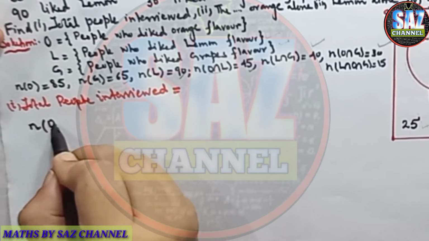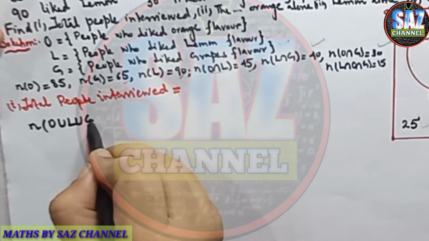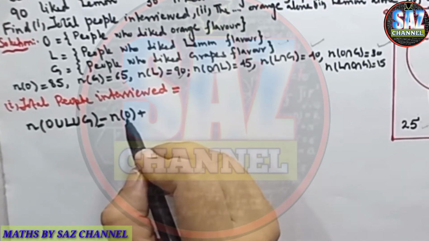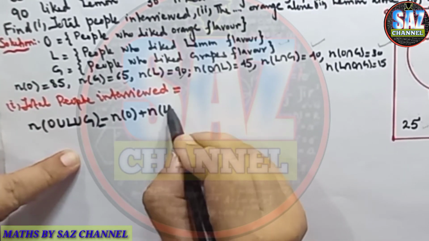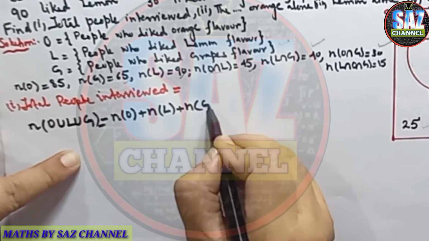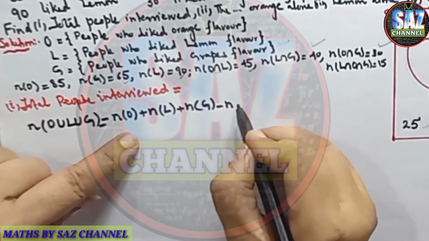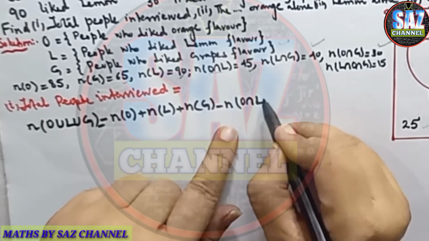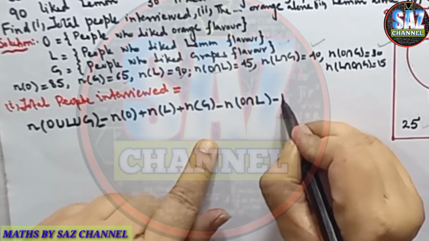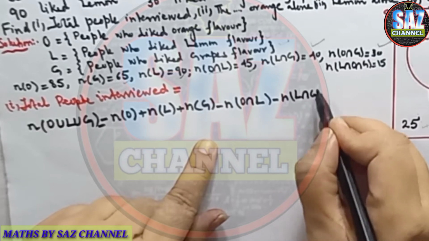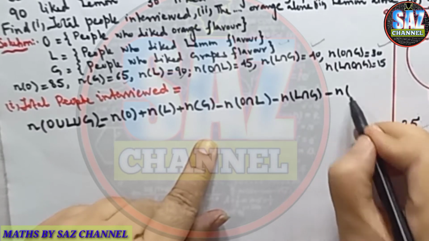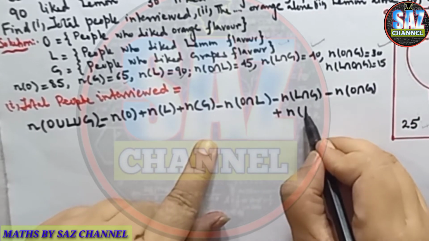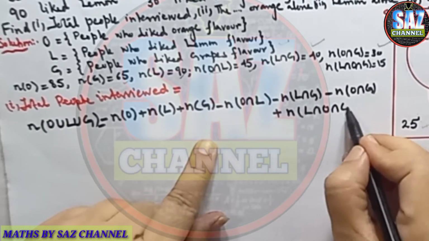The number of elements of O union L union G will be equal to the number of elements of O plus the number of elements of L plus the number of elements of G, minus the number of elements of O intersection L, minus the number of elements of L intersection G, minus the number of elements of O intersection G, plus the number of elements of L intersection O intersection G.